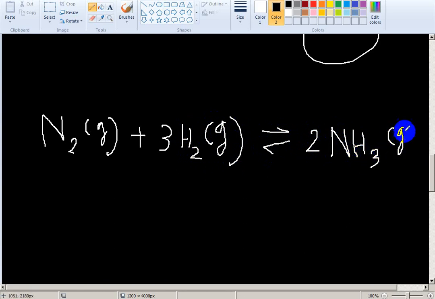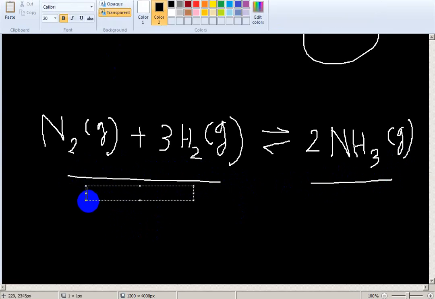Okay, this is the ammonia formation reaction. Nitrogen and hydrogen gas react to form ammonia. When nitrogen and hydrogen gas react, these are the reactants, and this is the product.